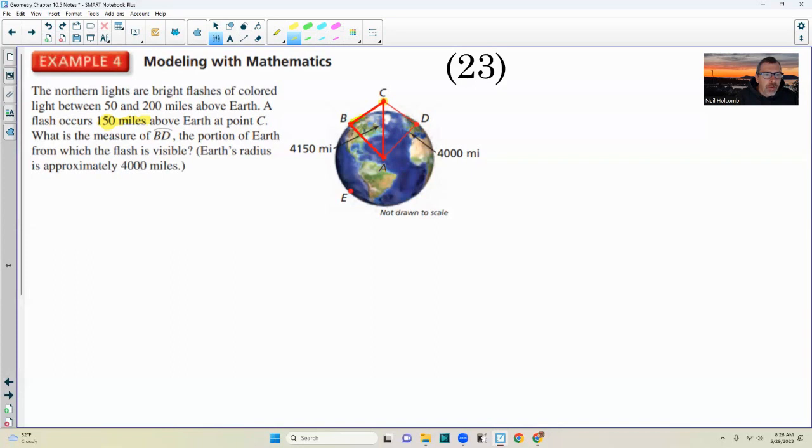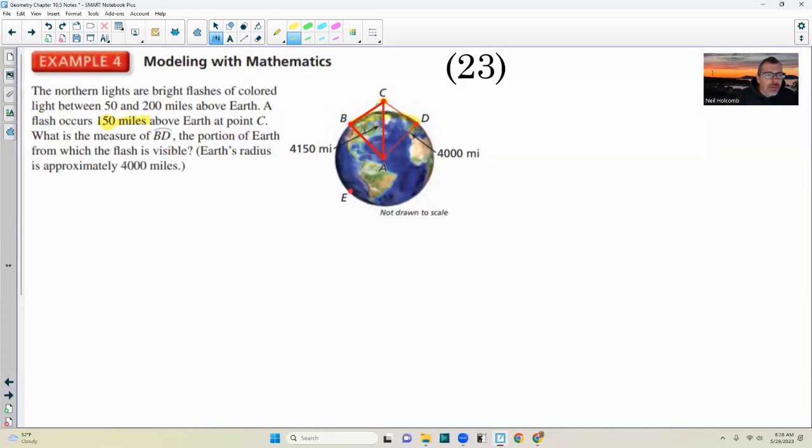So we want to know what this arc measure is right up here. How much of that Earth is that? The portion of Earth from which the flash is visible. The Earth's radius is approximately 4,000 miles, so we know AD is 4,000 and AB is 4,000 because they're radii. So A up to the edge of the Earth is 4,000.